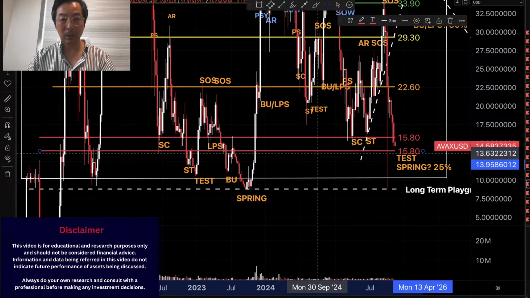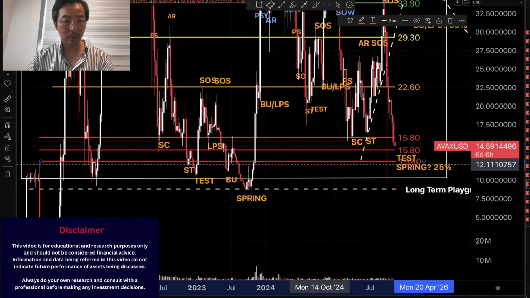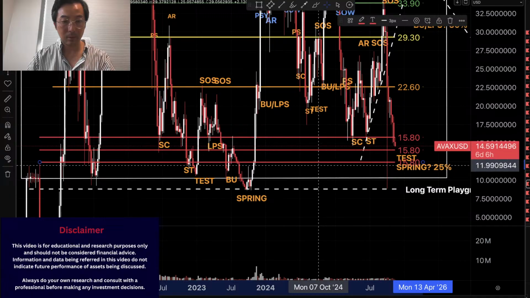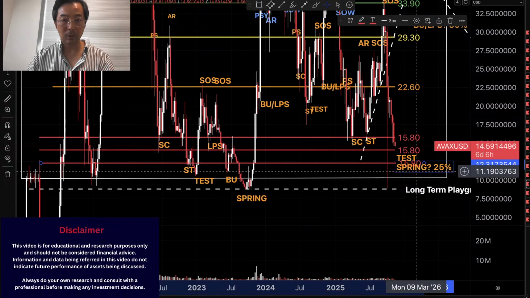Let me drag 2 lines. One here, roughly. Okay, and then another one about here. Okay, that should work.